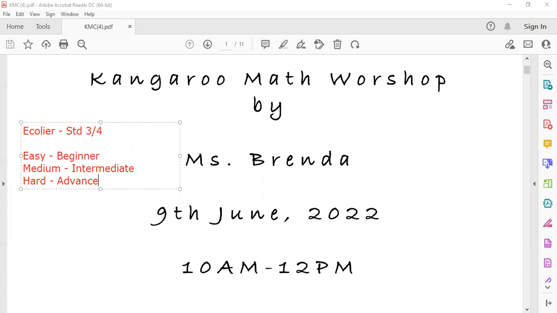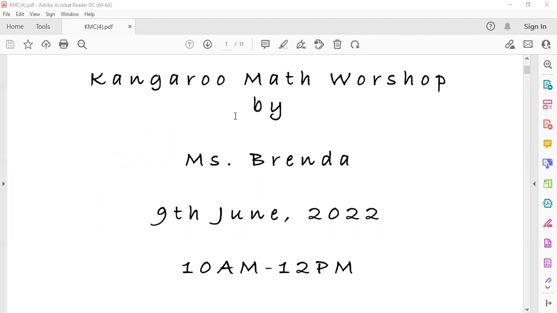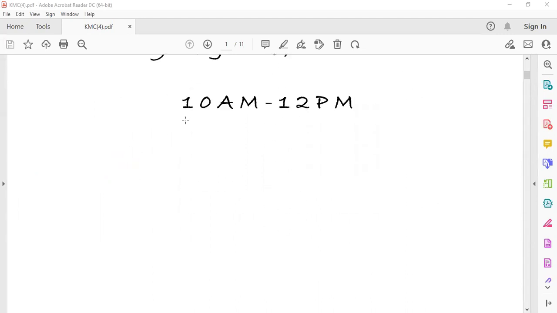This workshop, this lesson, will look into various types of easy level or beginner level questions in the Ecolia paper. So without wasting time, let's move on to our first question.